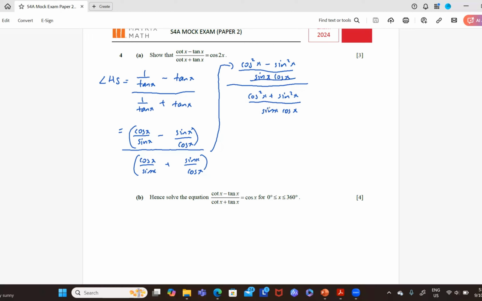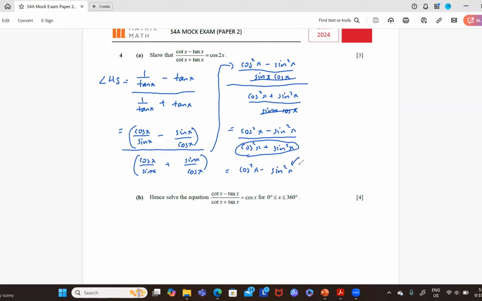From here we can cancel the denominator out and you're just left with the numerators. Cosine squared x plus sine squared x will give you 1, so you're just left with cosine squared x minus sine squared x.